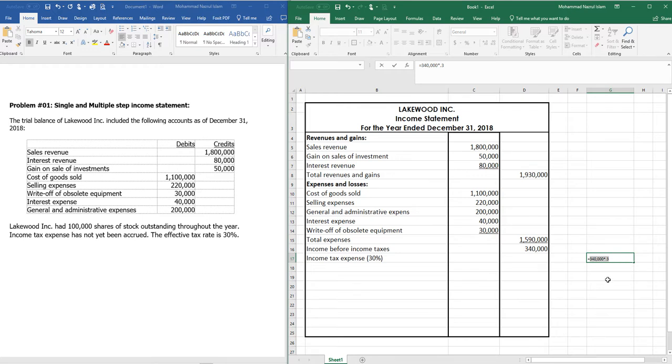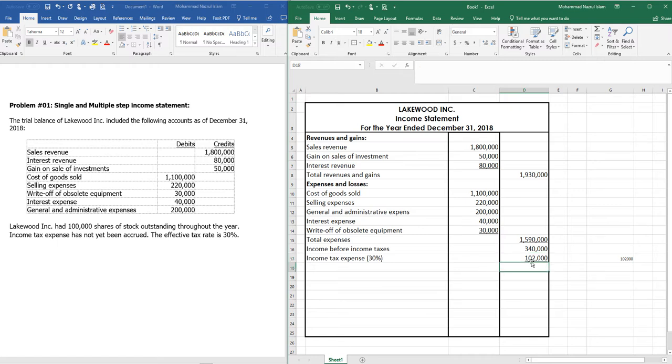The problem is in the comma, so 340, multiplied by 1. Now we have 102. This is the total income taxes.